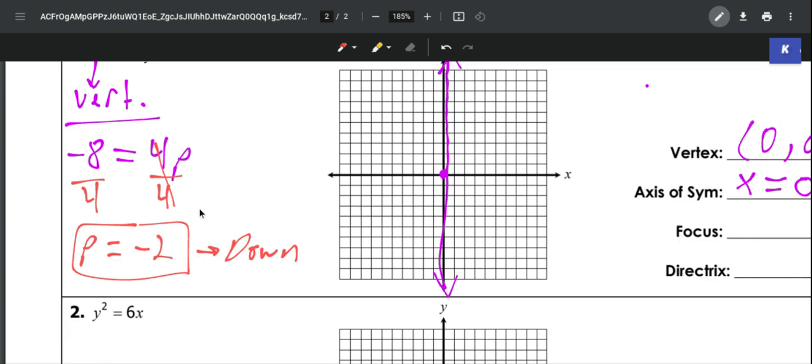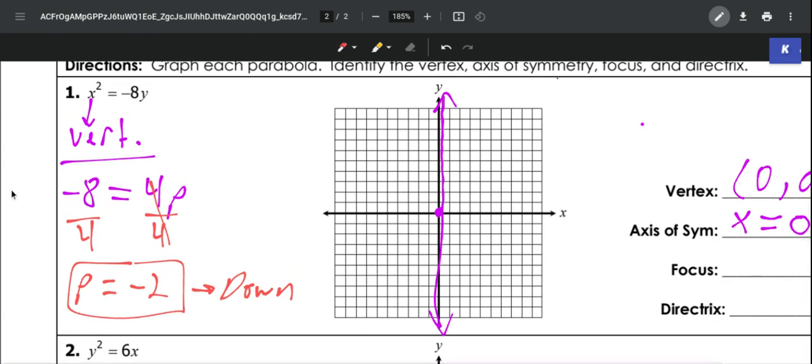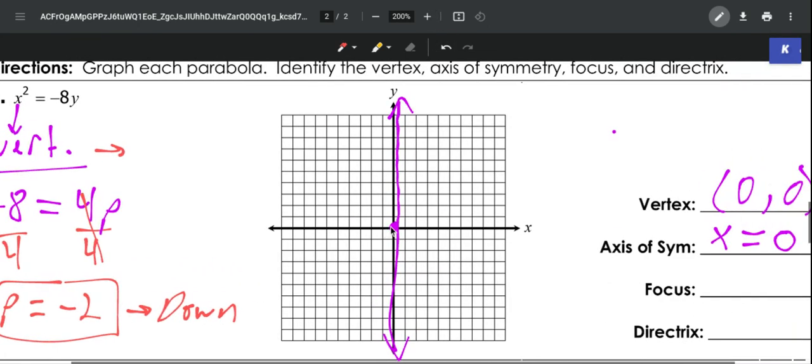But an easy way to look at this is, if this is vertical, that means our focus is moving up or down. And since this is a -2, it's moving down. So if we want to plot our focus, we're going to start at our center and just count down 2. So that would be right here.